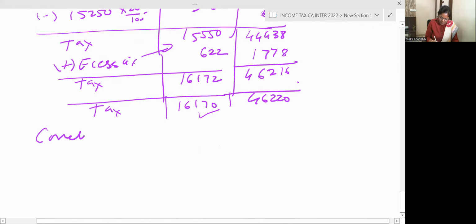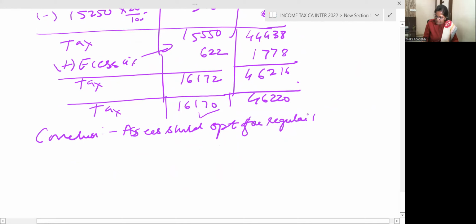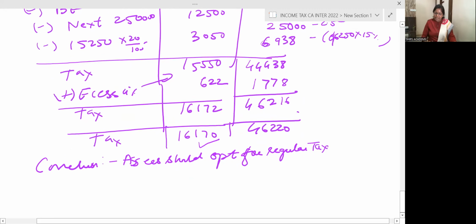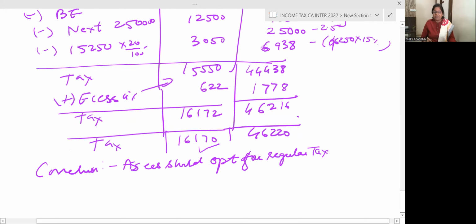Conclusion: he should opt for the regular tax regime. Pay the normal tax, it is better. If you go for the alternative tax regime, you don't get HRA, you don't get PPF, though the tax rates are low, but the income is very high, and you end up paying more tax.